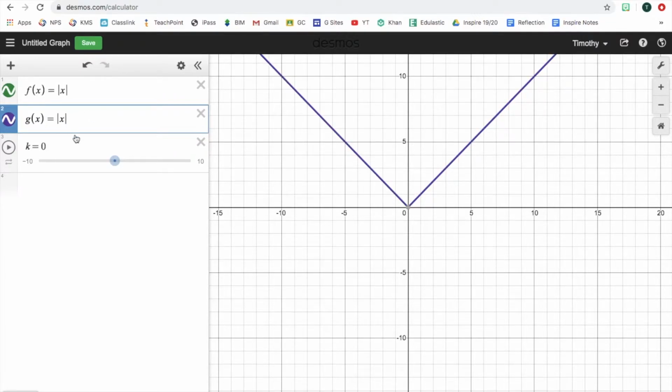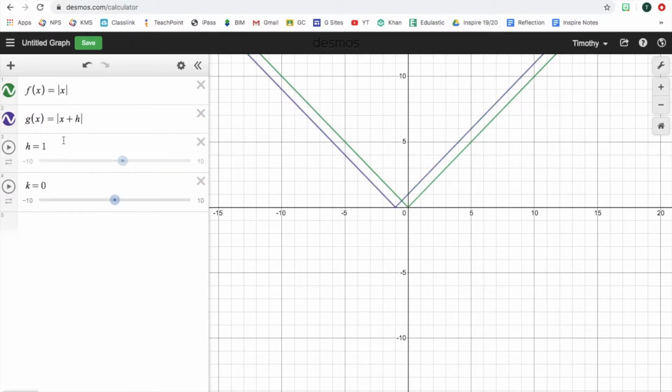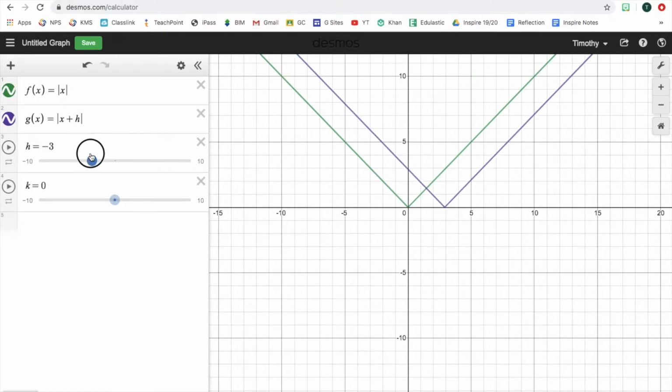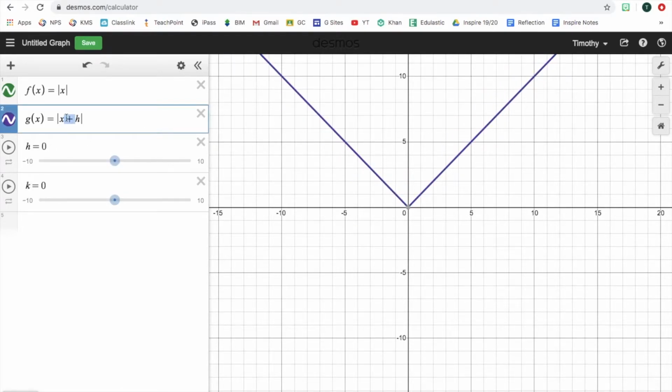So now I'm going to do plus h. And remember, when it's on the inside of the function, it's kind of the reverse of the outside. So here, if I'm adding h, if I add 1, I'm actually sliding to the left. So the way that we can fix that is by making this minus h.